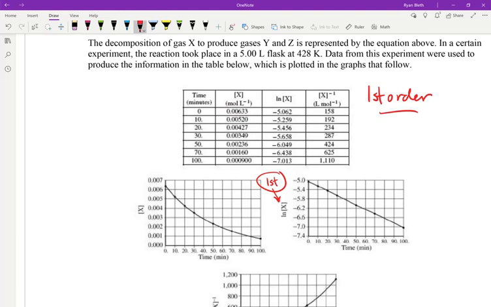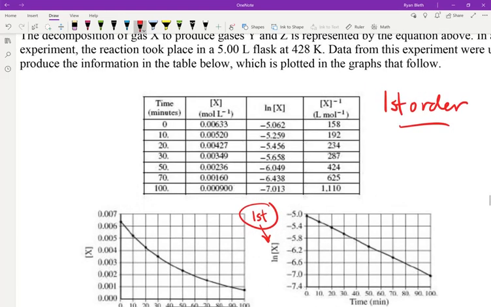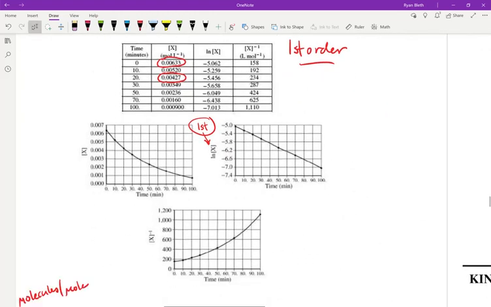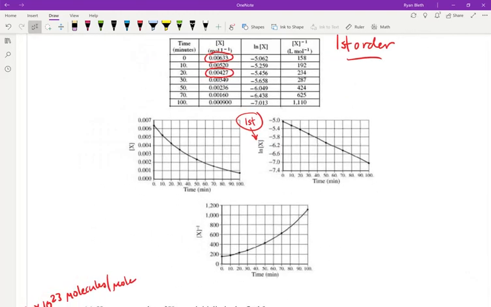Its concentration decreased from 0.00633 down to 0.00427 moles per liter. The concentration of X decreased as the reaction took place, and that's typical. X is a reactant, so its concentration goes down as X particles are consumed by the reaction.